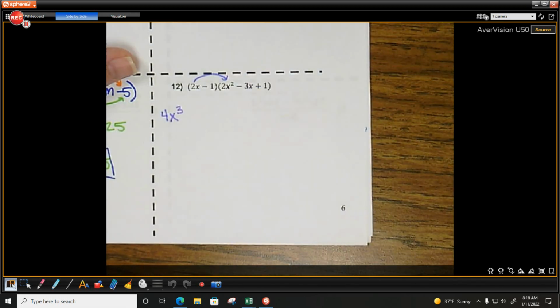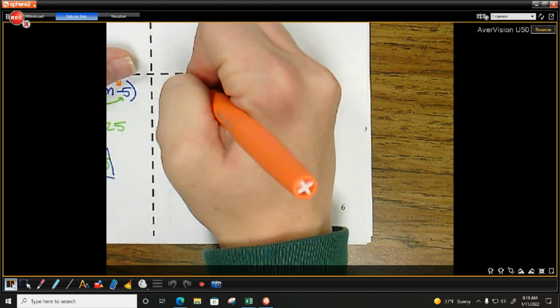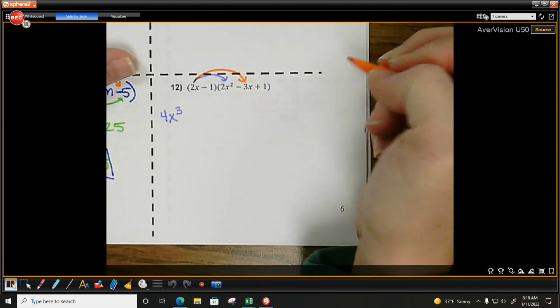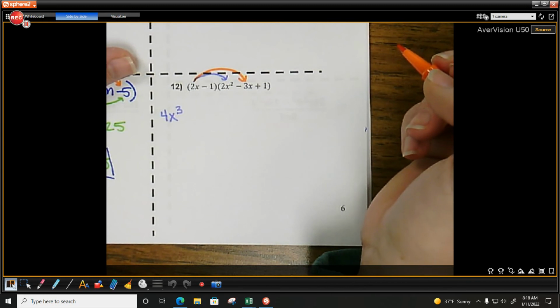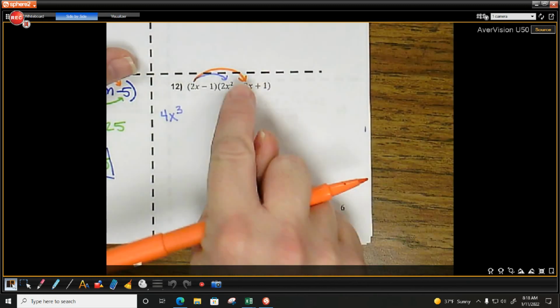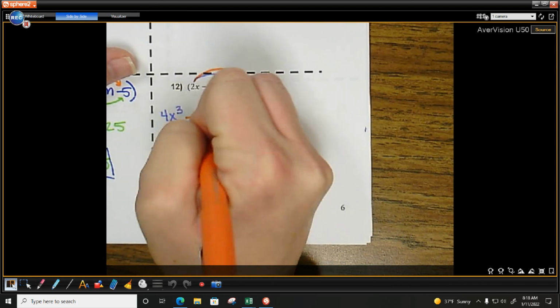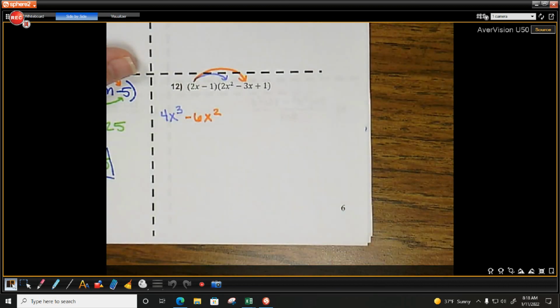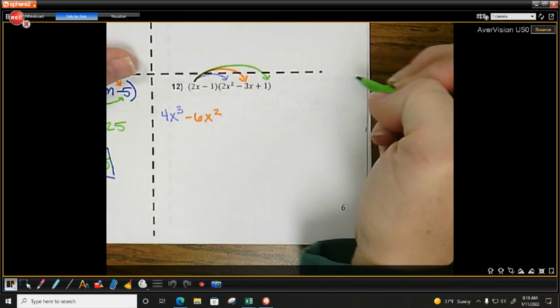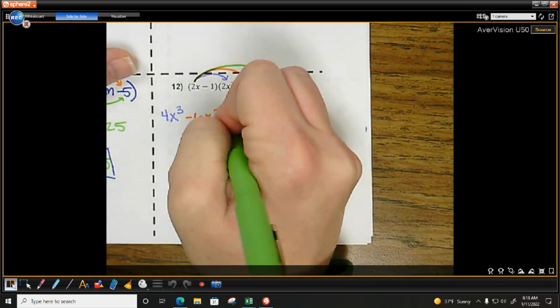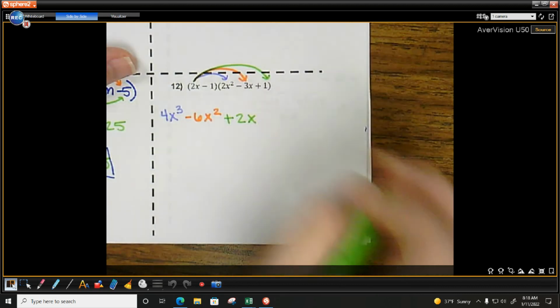What's 2x times negative 3x? Negative 6x squared, because the 3 is negative. So negative 6x squared. And then what's 2x times 1? 2x. So plus 2x. So did I distribute the 2x to all of the terms in the second parenthesis? Yep.